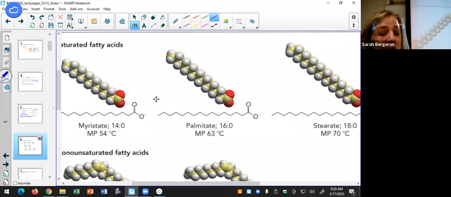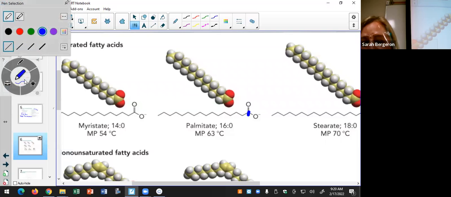All right, so if we look at palmitate, the first number is telling me I have 16 carbons. Where is carbon number 1? It is the carbonyl carbon, right? That's number 1. So I have a thinner line here.